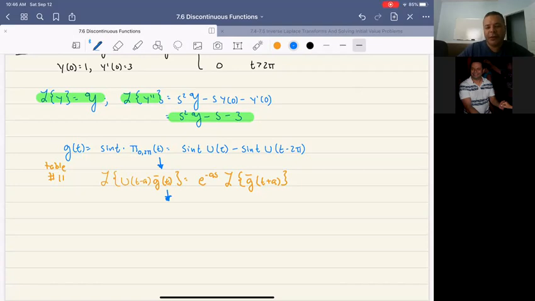Putting this through the Laplace transform, we're going to get the Laplace transform of our g of t. Now, the u of t doesn't really shift anything, so the Laplace transform of sine of t times u of t is just going to be the Laplace transform of sine of t.